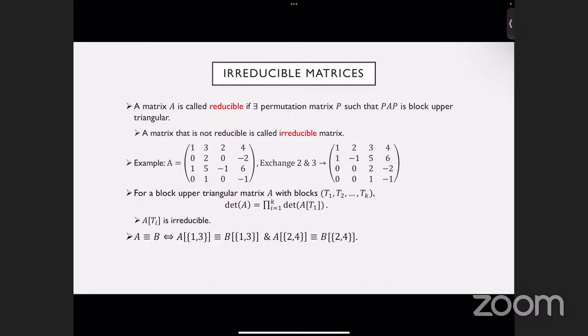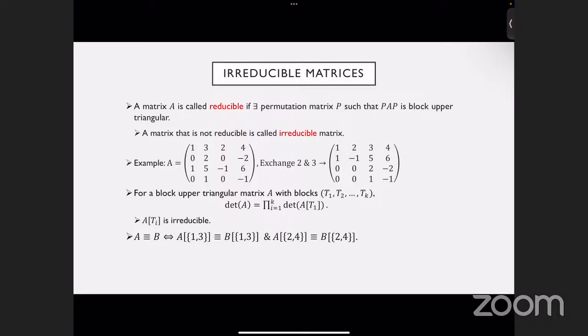For the matrix A given in this example, any other matrix B will have the same principal minors if the principal submatrix of A corresponding to set 1, 3 is principal minor equivalent to the principal submatrix of B corresponding to set 1, 3. Similarly for the set 2 and 4.